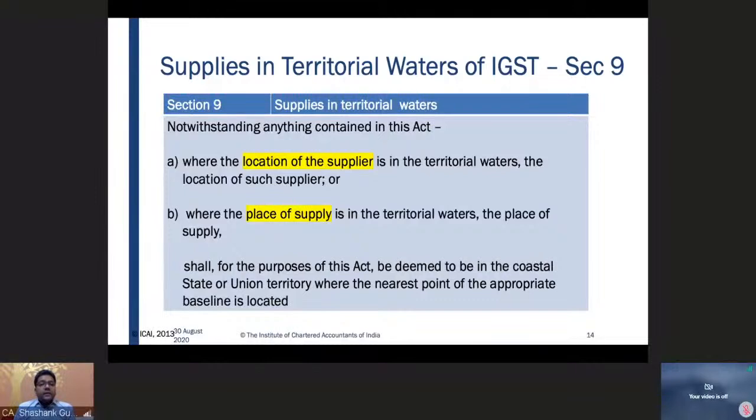Next is supplies in territorial waters. What does this mean?